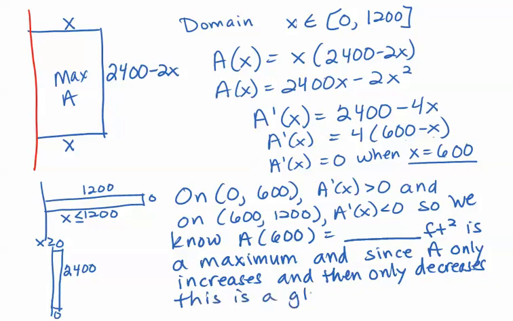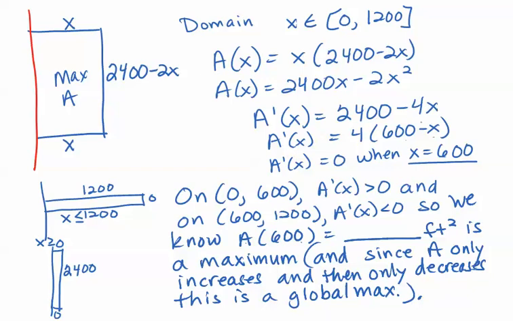Now, you might not even write this last explanation, but I want to make sure that everybody understands that when there is only one critical number, so if the graph is only changing direction once, then the local maximum must be a global maximum. Okay, then you can grab your calculator and don't put 600 into A prime of x.